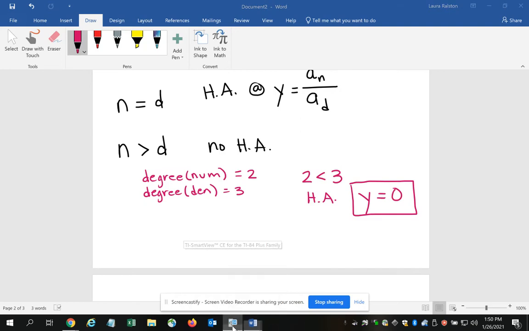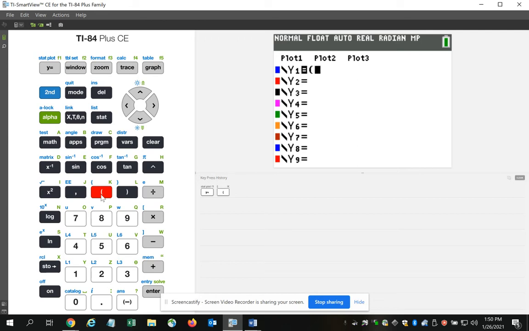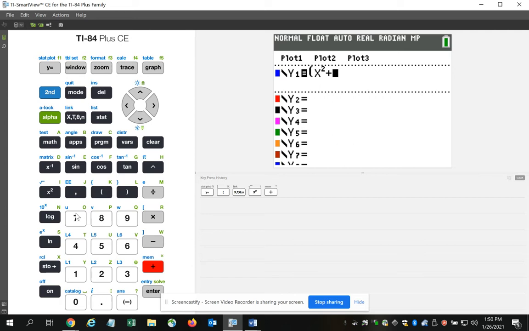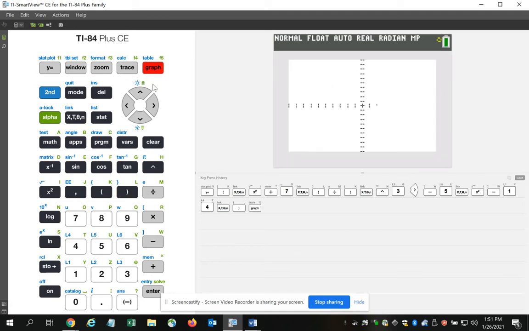But if we put this into our graphing calculator, you would need to put parentheses around the numerator and denominator. We would have parentheses x squared plus 7x, close them, divide by parentheses x raised to the third minus 5x squared minus 14x, and close the parentheses, and then graph.